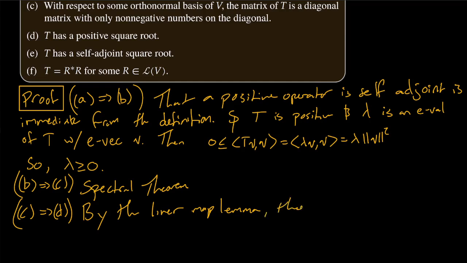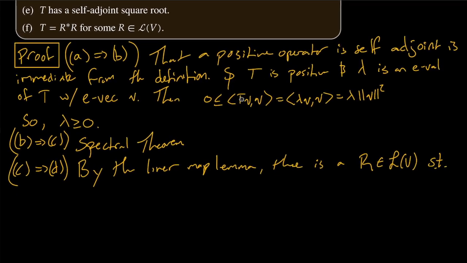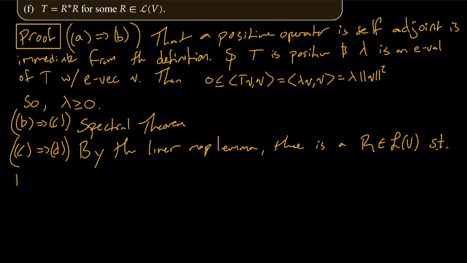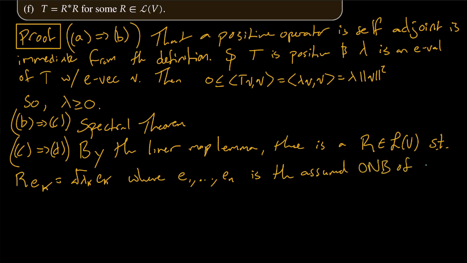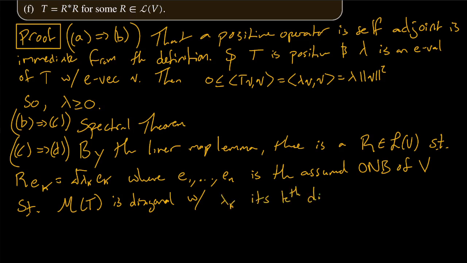There is a map R in L(V) such that R(e_k) is equal to the square root of lambda_k times e_k, where e_1 through e_n is the assumed orthonormal basis of V such that M(T) is diagonal with lambda_k as its kth diagonal entry.